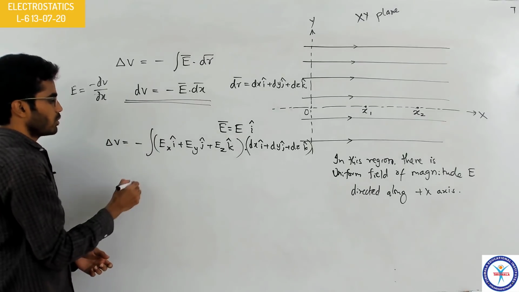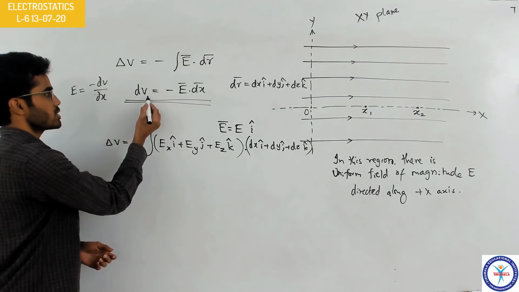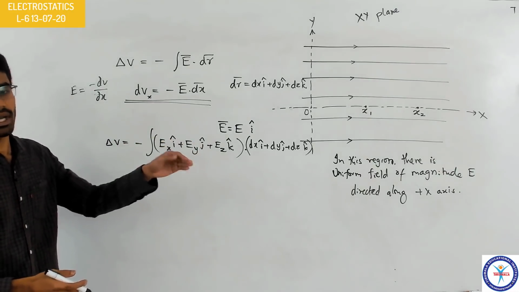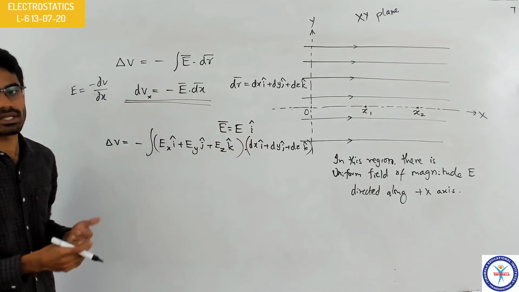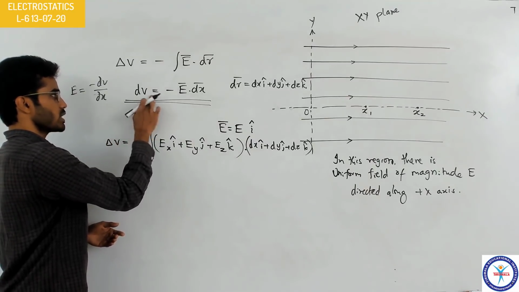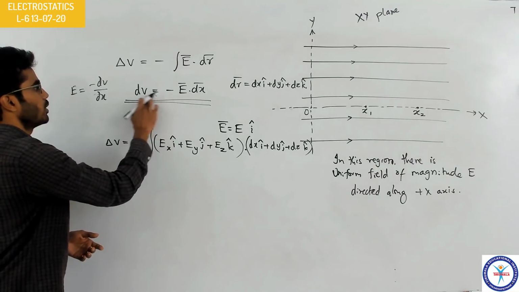So if you write the change in potential, this is of course along the x-axis. As you move along the x-axis from one location to another, you see how the potential is changing. dV is the change in potential along the x-axis, so I am using a small subscript x.